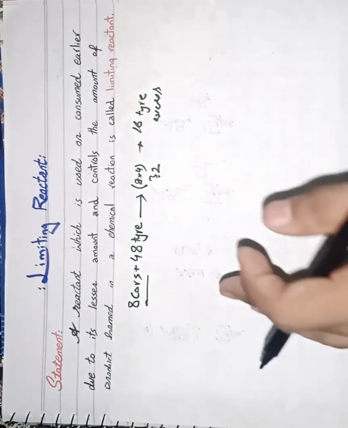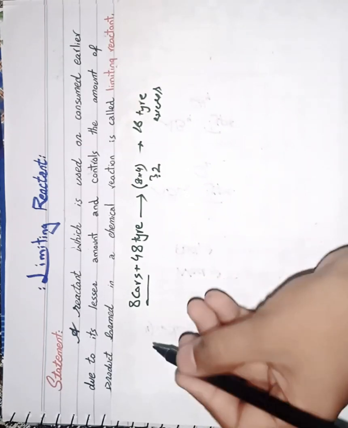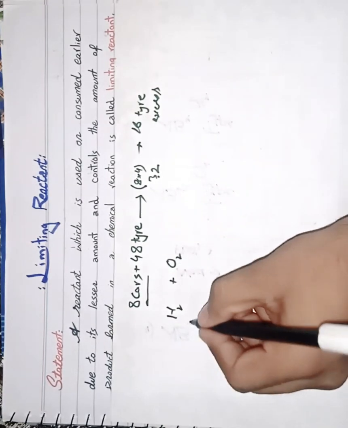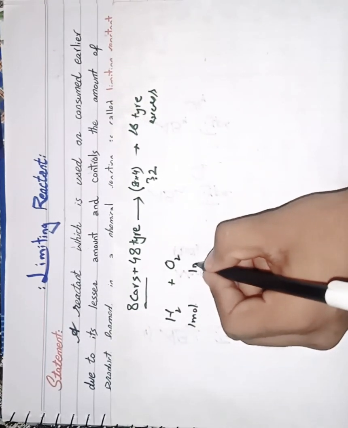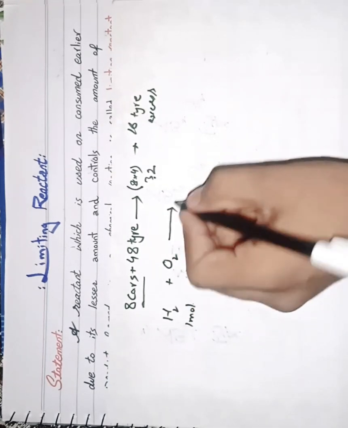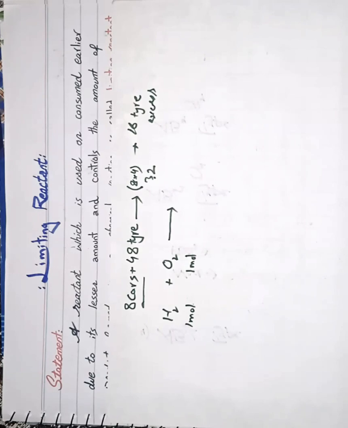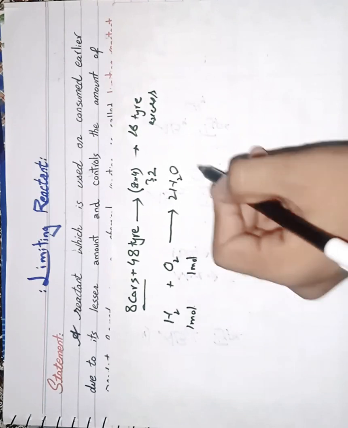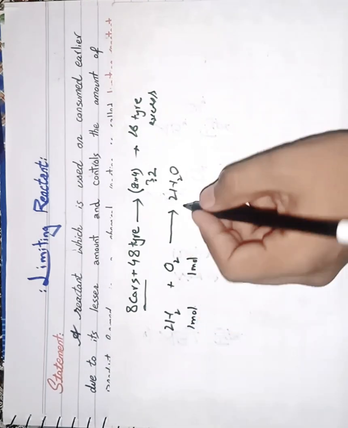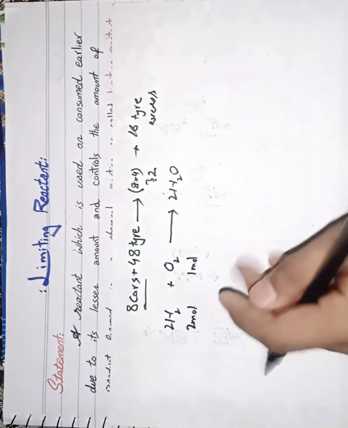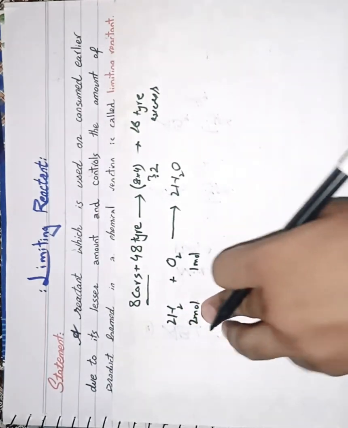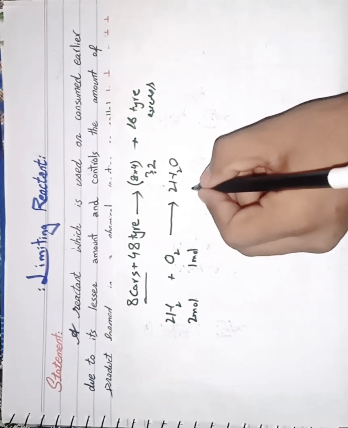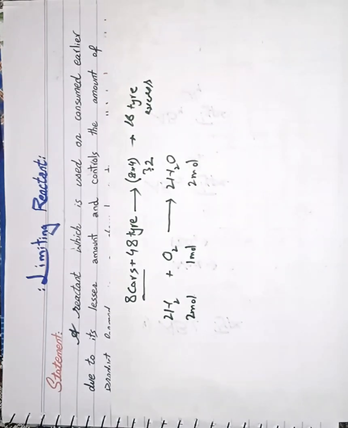Now we discuss its main example, in which we take 1 mole of H2 plus 1 mole of O2, again 1 mole. But the product which we obtain is H2O. By balancing the reaction, we take hydrogen 2 mole, oxygen 1 mole, and the product which we obtain is 2 mole.